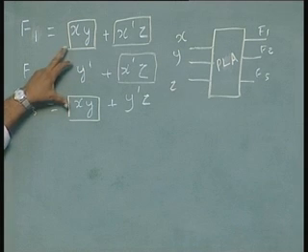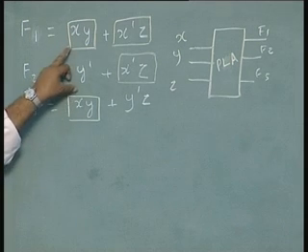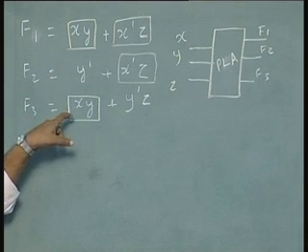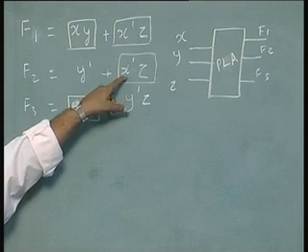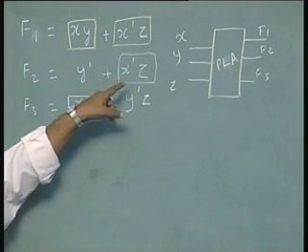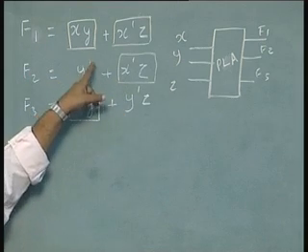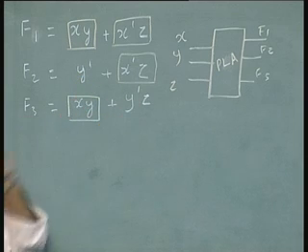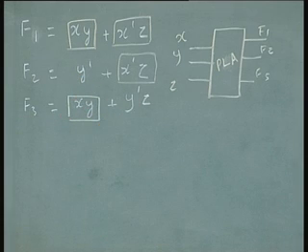Now, xy is common to F1 and F3, so I am saving on one product term. X bar z is common to F1 and F2, so I am saving on one product term. So, I will now use only 4 product terms. From 6 product terms, I am going to use 4, saving 2 product terms.